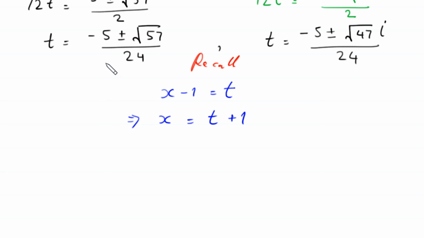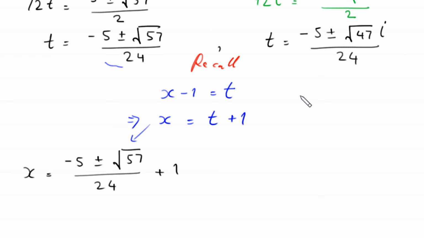So when t is equal to this value, this equation will become x is equal to negative 5 plus minus root 57 over 24 plus 1. When t is equal to this value, this equation will become x is equal to negative 5 plus minus root 47i divided by 24 plus 1.